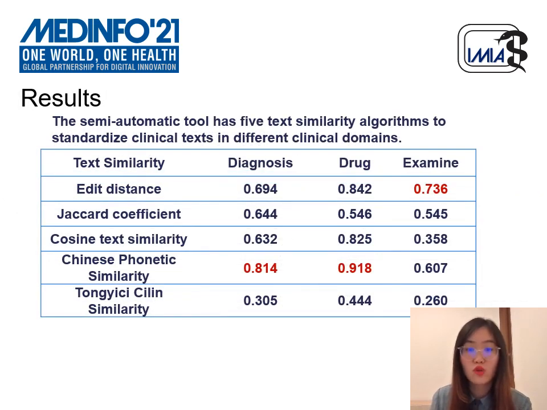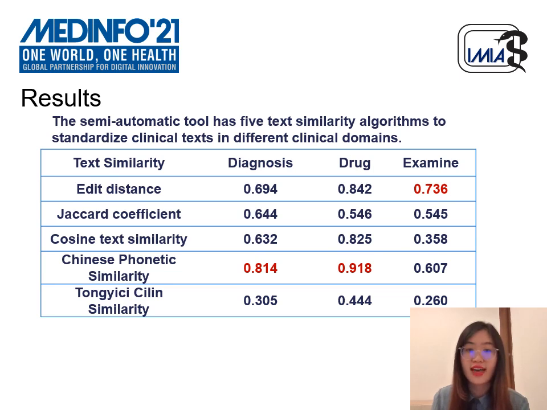Thirdly, I'm going to show some results. The semi-automatic tool has 5 text similarity algorithms, tested on standard clinical texts in different clinical domains. The 5 similarity algorithms were used in diagnosis, drug, and examination.